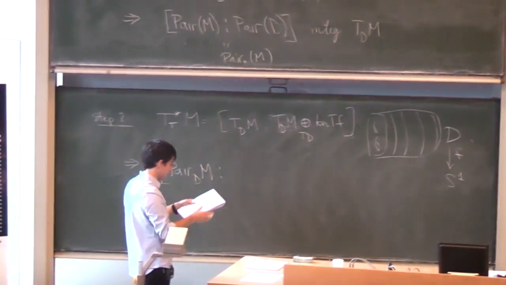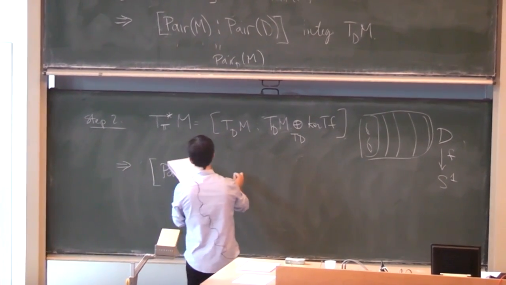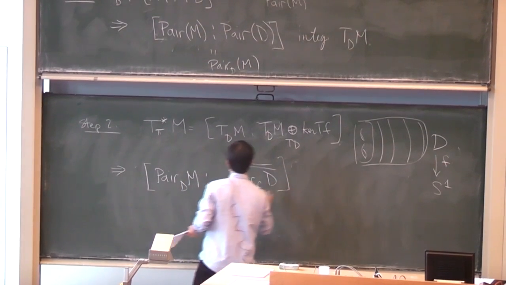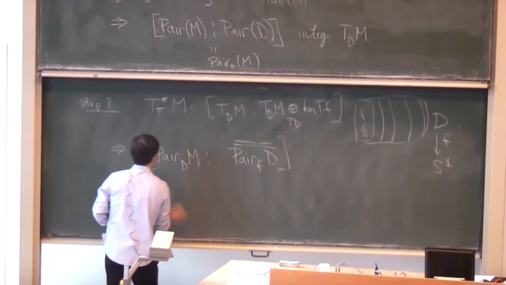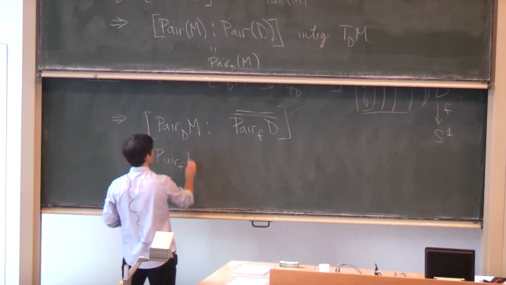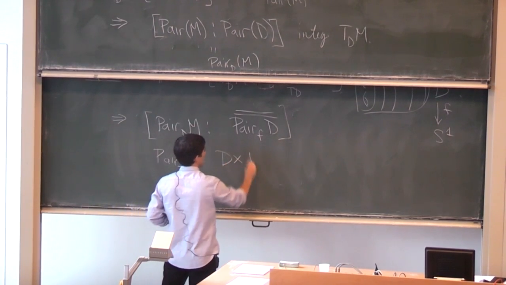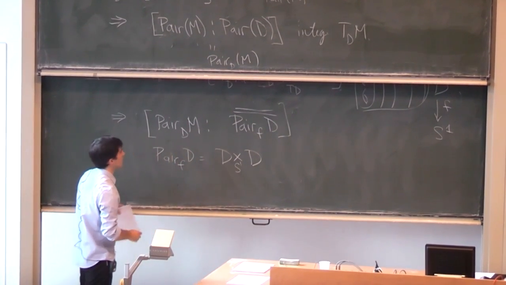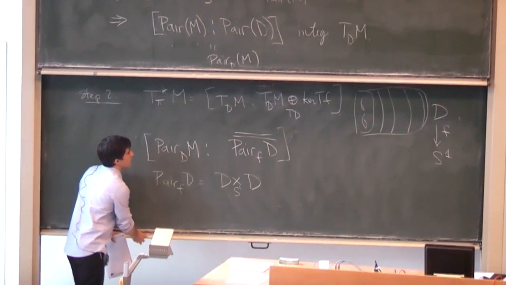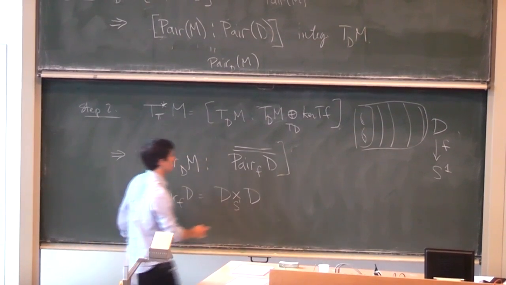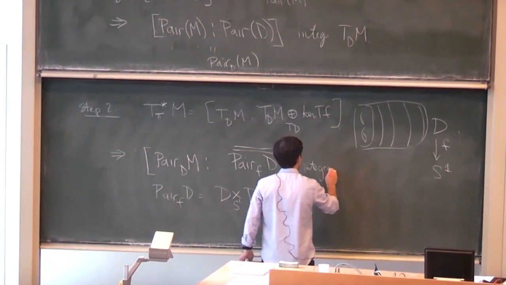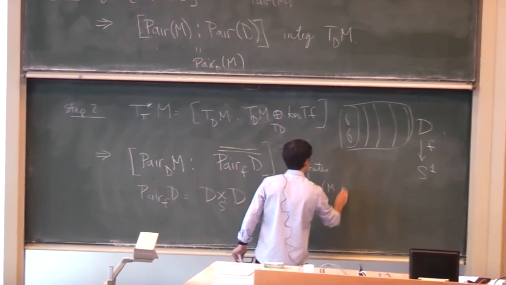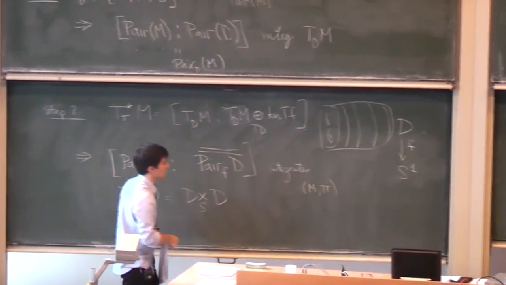It's not too difficult to see that what integrates this is this object, where the pair groupoid sub FD, what this means is that instead of taking the product of D with D like I did before, I take the fiber product over S1. And that provides you an integration. So this integrates the Poisson structure. So it integrates the log symplectic structure.